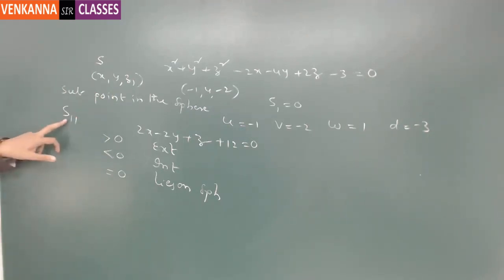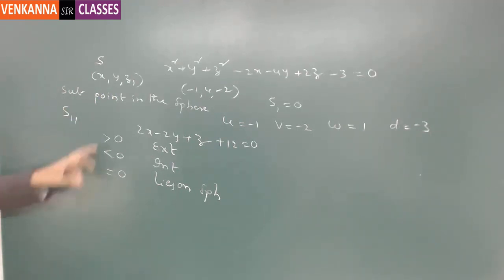This notation tells us that you are substituting a point in the sphere S, and this is the result. The value after substituting the point in a sphere equation is nothing but S11. It may be a positive number, a negative number, or equal to 0. Please take a note of that.